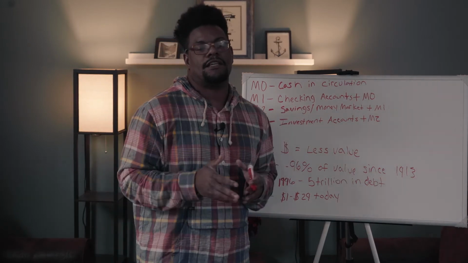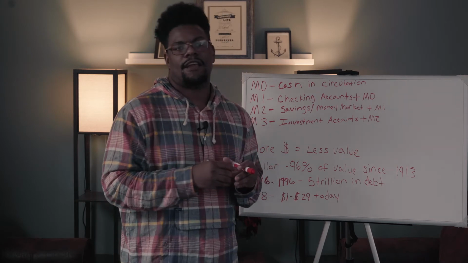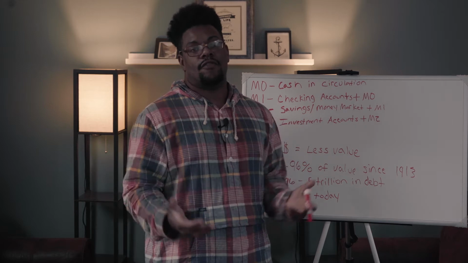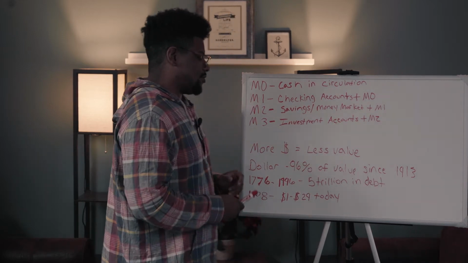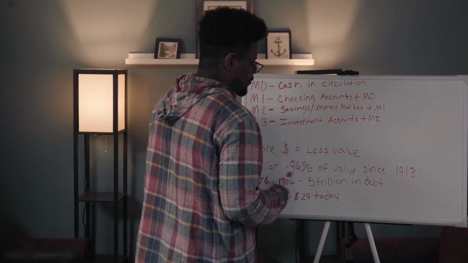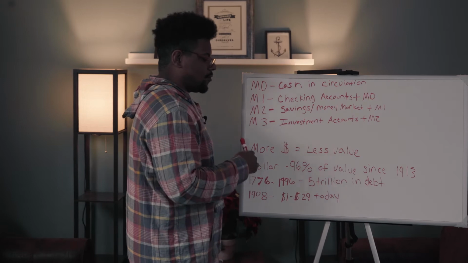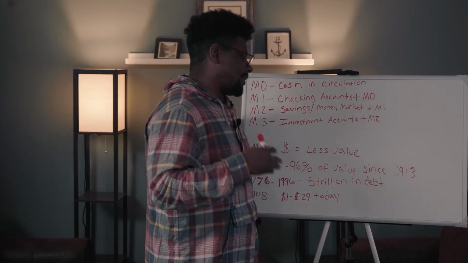Sometimes you see expensive bottles of whiskey made in a certain time frame that didn't make very many of them, and those bottles can go for $30, $40, $50,000 because there are fewer of them. However, if you have more of them, it equals lesser value. So the more money that is being created, the less value your money has.